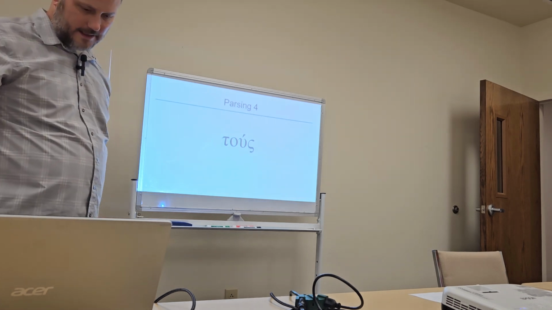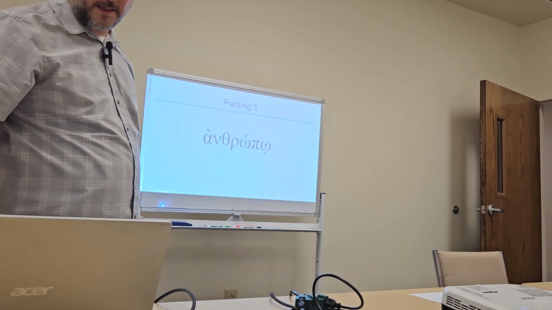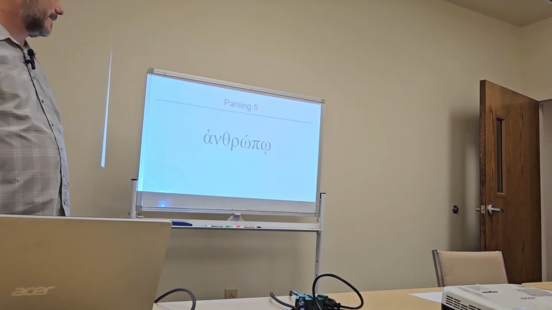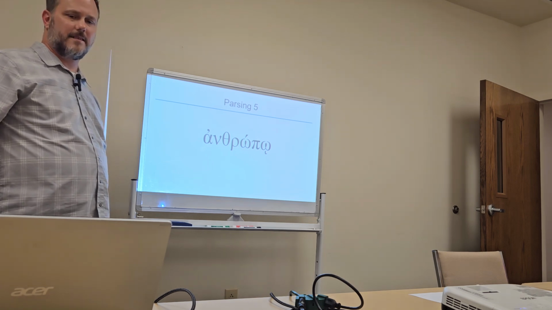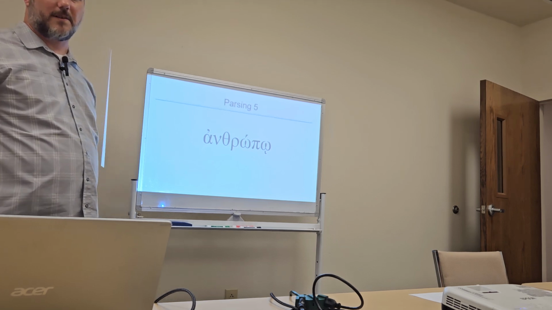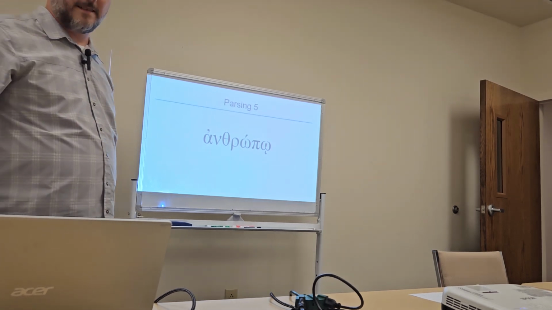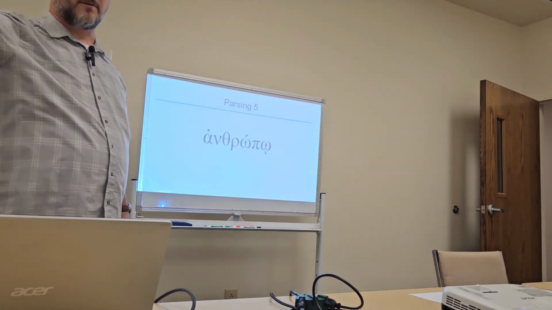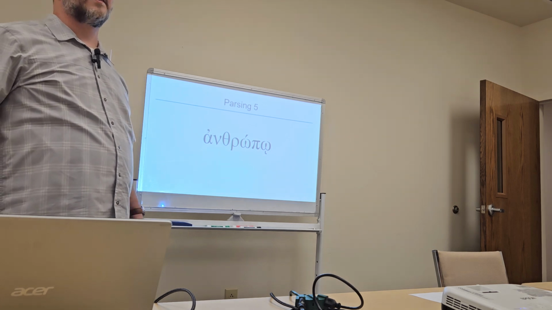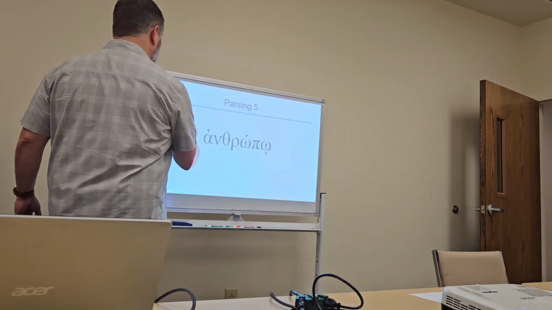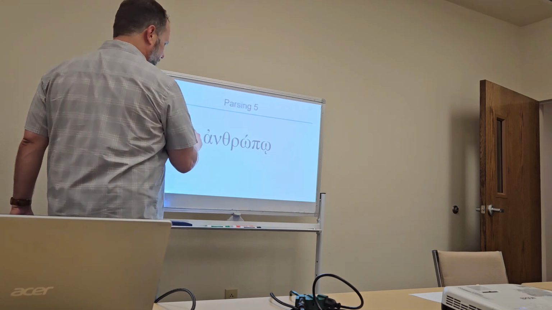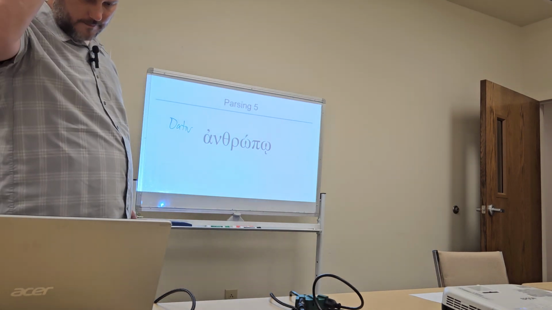All right, now let's go back to Mr. Lewis. Okay. Let's see, that would, no, that's, okay. Well, first give it a pronunciation for the class. Yeah, anthropo. It's dative, plural, feminine, and I wrote the wrong word down.